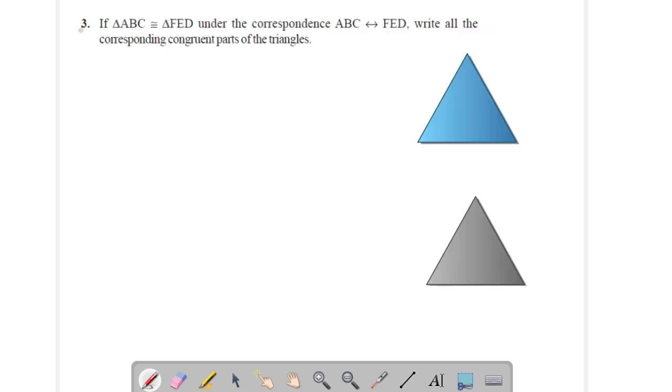Now come to question number 3. If triangle ABC is congruent to triangle FED under the correspondence, ABC corresponds to FED. Write all the corresponding congruent parts of triangles. Here let us take this triangle as ABC and DEF, or you can say FED.